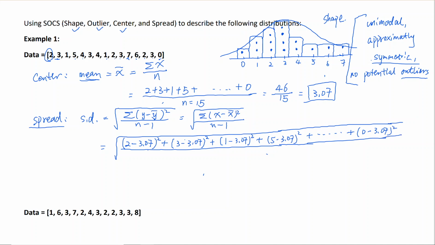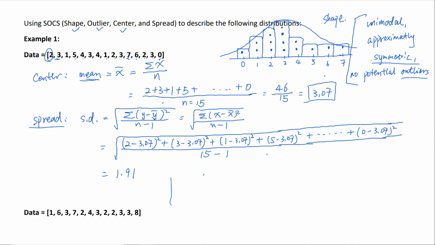So this is the top, and the bottom will be n equals 15, so 15 minus 1. If you calculate this whole term, you will get the standard deviation equals 1.91.